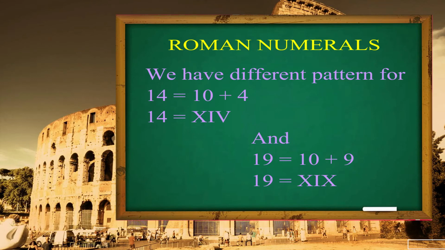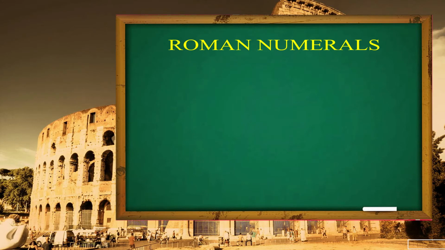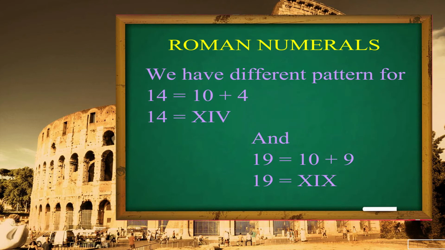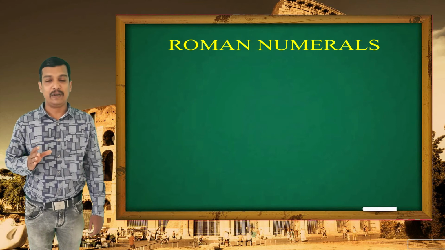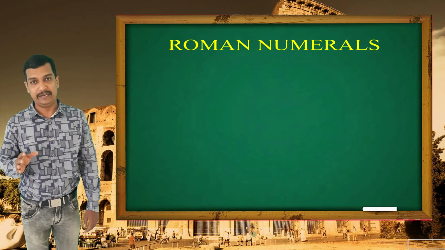In the case of 19, we should cut the 19 as 10 plus 9. That is, 10 means X and 9 is IX, then 19 will become XIX. So now we have learned all the Roman numerals from 1 to 20.